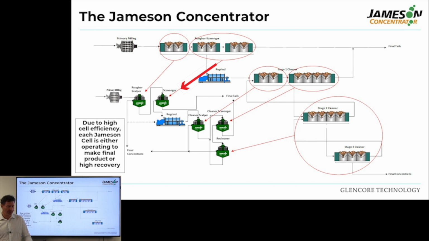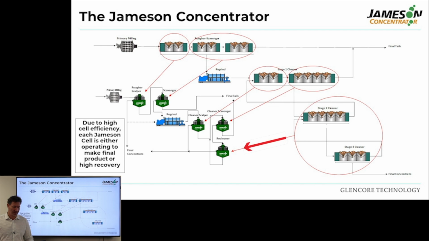The downstream processing of the scavenger concentrate, again in a conventional circuit, happens in 3 stages of cleaning. In the first stage, similar idea, we would split it between a cleaner scalper and a cleaner scavenger cell. The cleaner scalper cell would produce a final grade concentrate, and the cleaner scavenger cell would focus on the recovery.